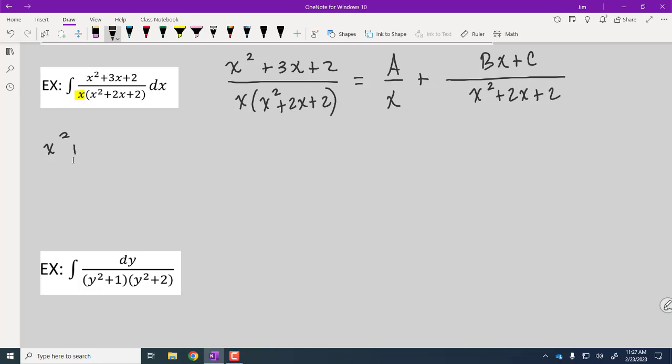So now we're going to generate our PFD equation. Our PFD equation is going to be that equals A multiplied by the quadratic plus Bx plus C multiplied by x. There is our PFD equation.